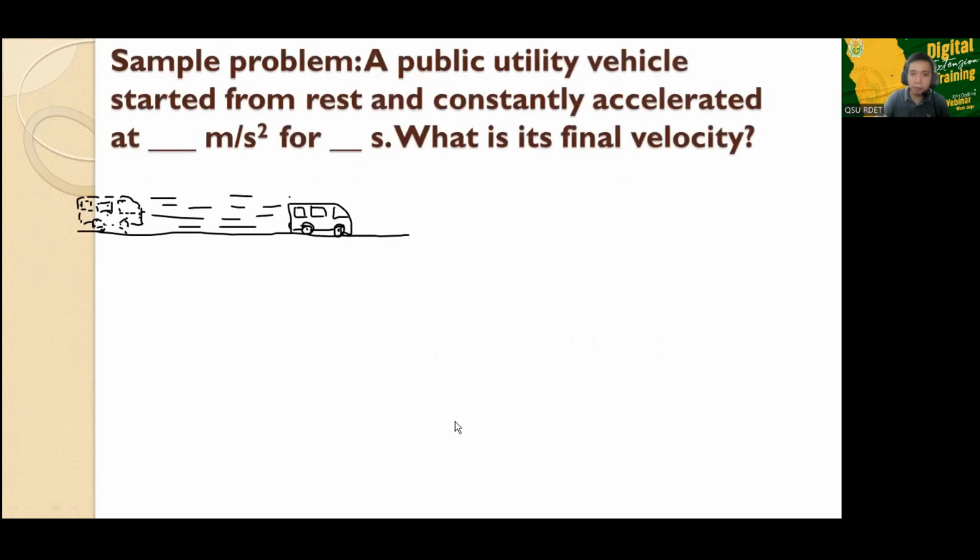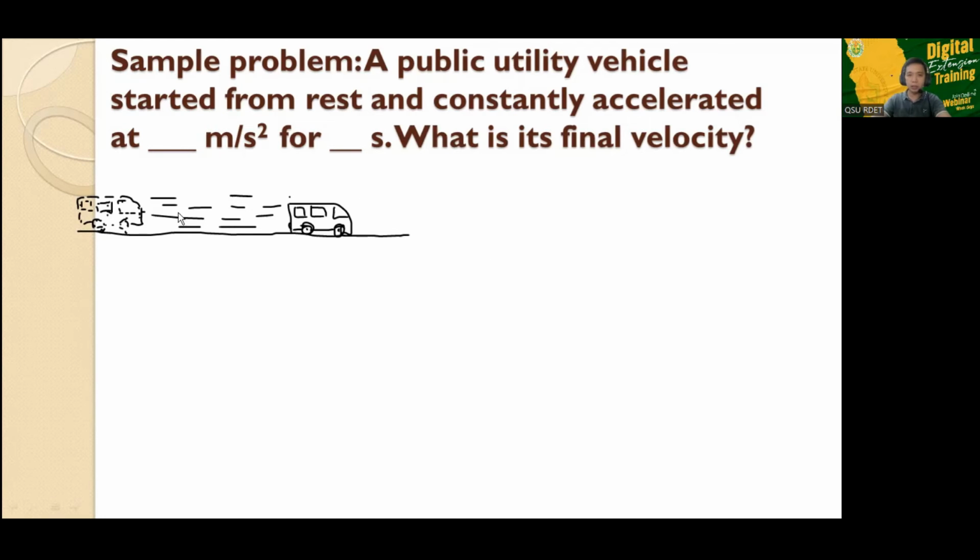So, working on the first problem: a public utility vehicle started from rest and constantly accelerated at blank meter per second square for blank second. What is its final velocity? So, I guess, we need to translate these word problems into illustrations.